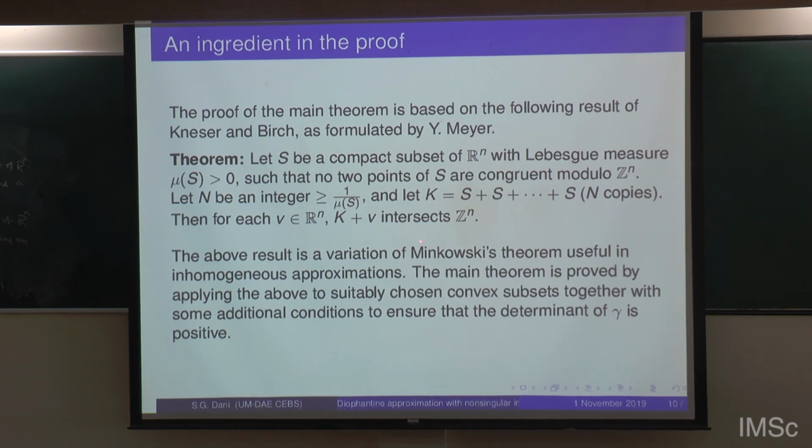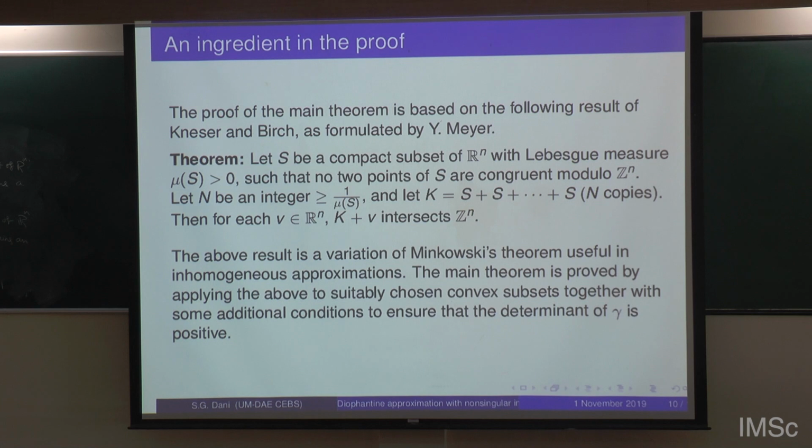And this is the answer to your problem: for each vector v, k plus v intersects Z^n. No matter what vector you take, the translate of k by v has an integer point inside it.